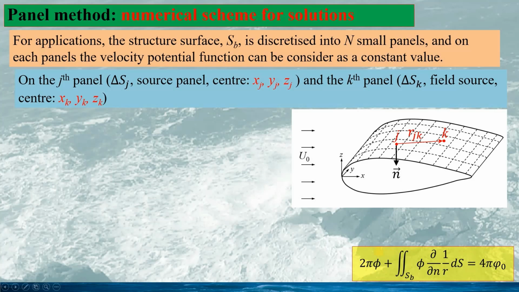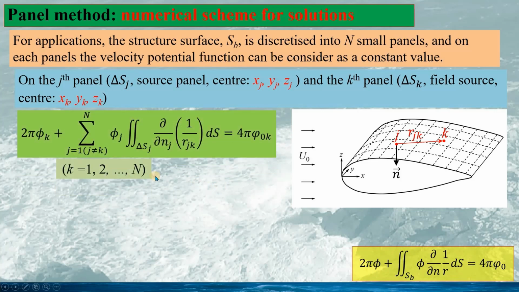And if we discretize the boundary integral equation, we have the expression as this. Here, the summation of the integral on the surface is for j not equal to k.